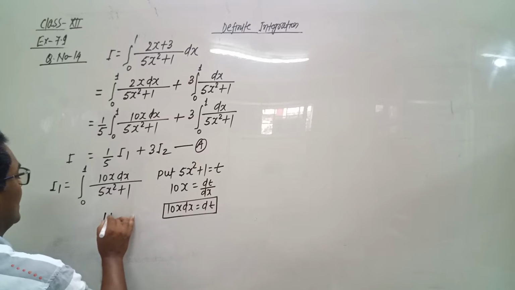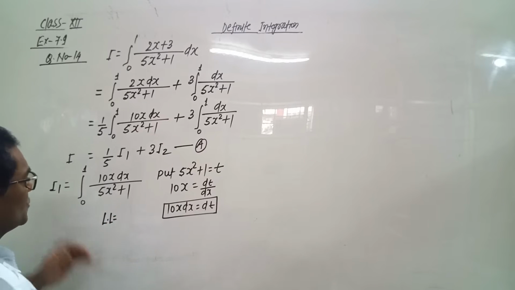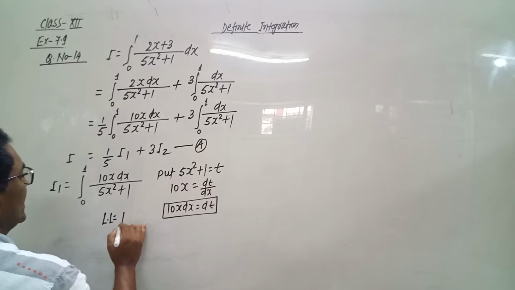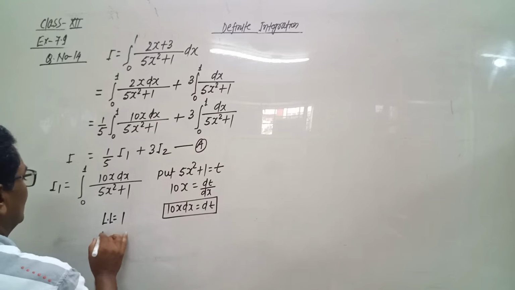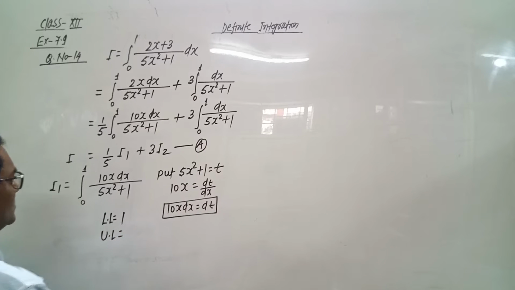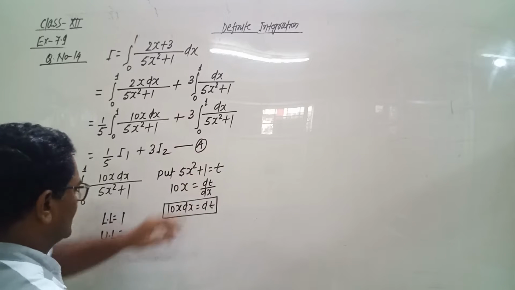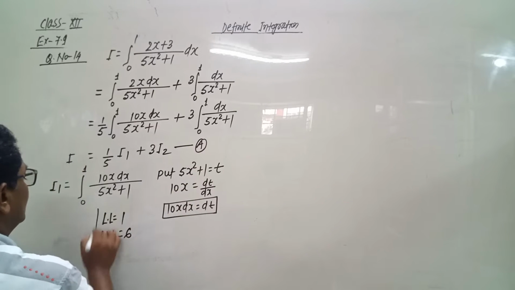So for the lower limit, we put x equals 0, so we get 5 into 0 plus 1, which is 1. And for the upper limit, we put x equals 1, so 5 into 1 plus 1, and the upper limit we get is 6.